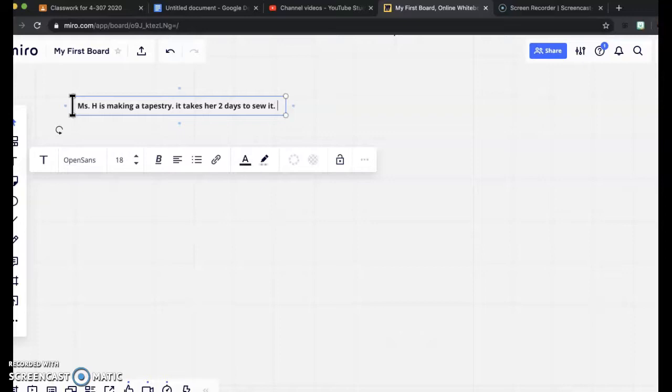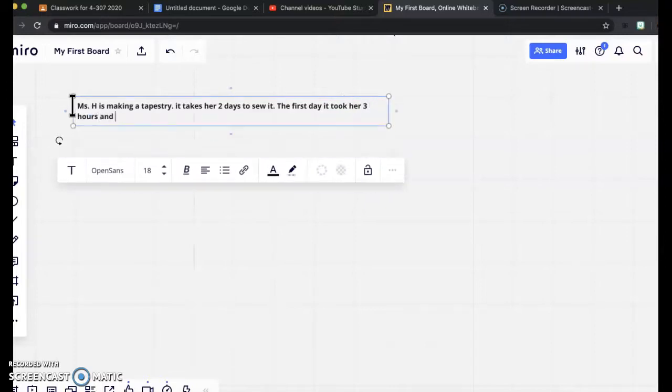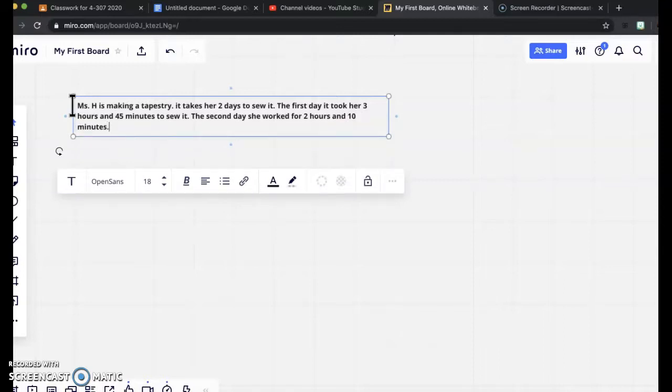I think there's probably a word for that, but since we're using string, let's call it sewing. Alright, so the first day, it took her 3 hours and 45 minutes to sew it. The second day, she worked for 2 hours and 10 minutes. How many minutes did she work in all?